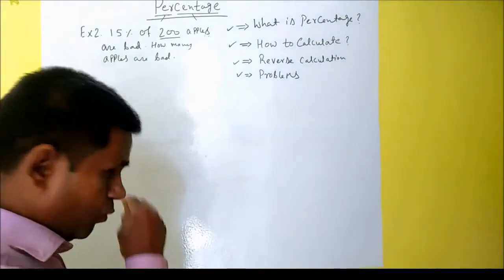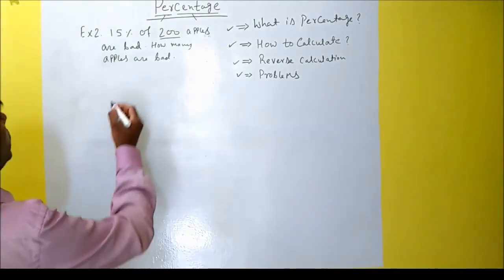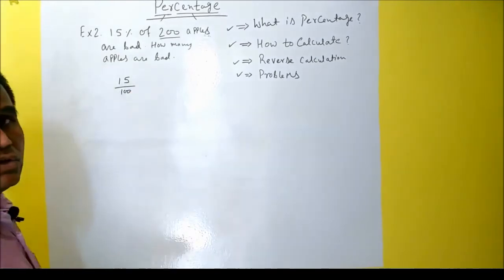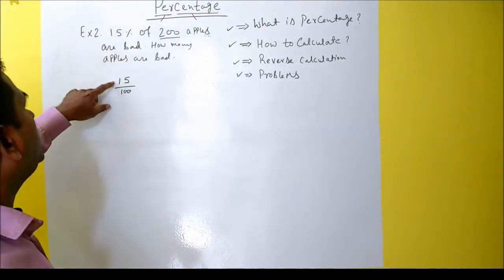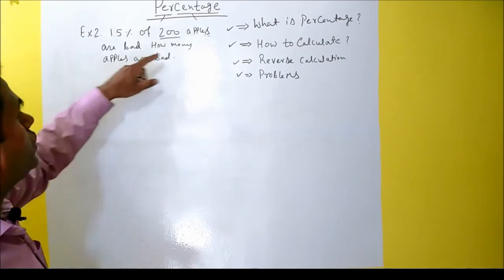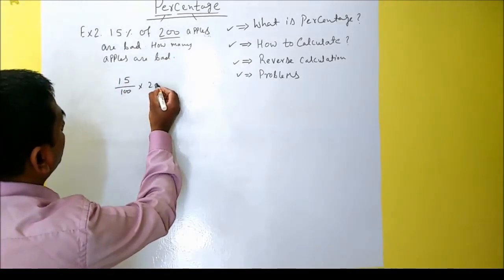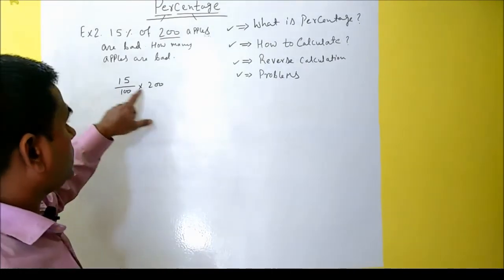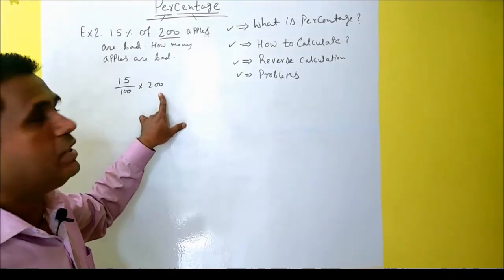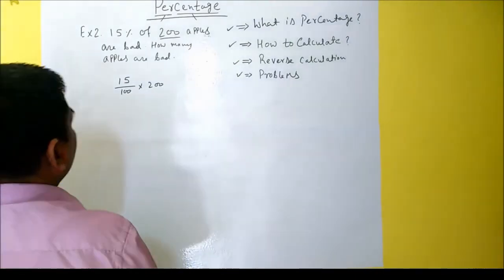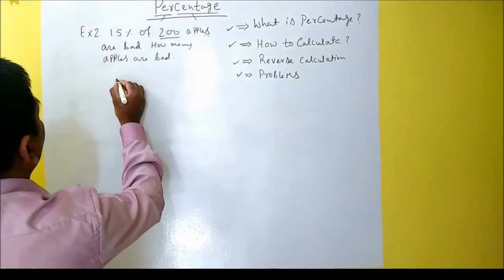But using the formula, how can we calculate? We will do like this, see, 15 upon 100. Okay, so out of 100, 15% of apples are bad. So out of 200, how much? 15% of 200 we have to calculate. To make it easy, I'll write it like this.